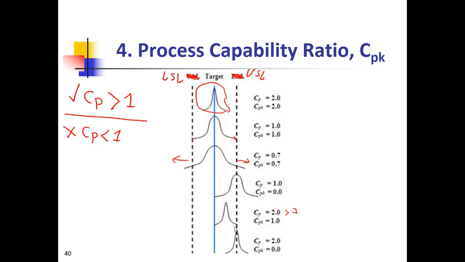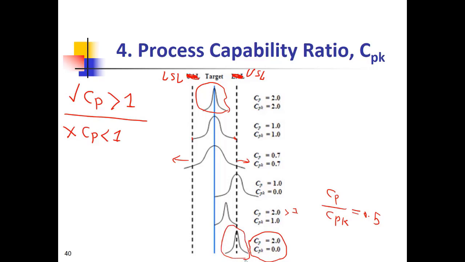We are still within the boundary, but we are off center. The ratio between CP and CPK is 0.5, which is off center. And finally, CP 2, CPK 0.